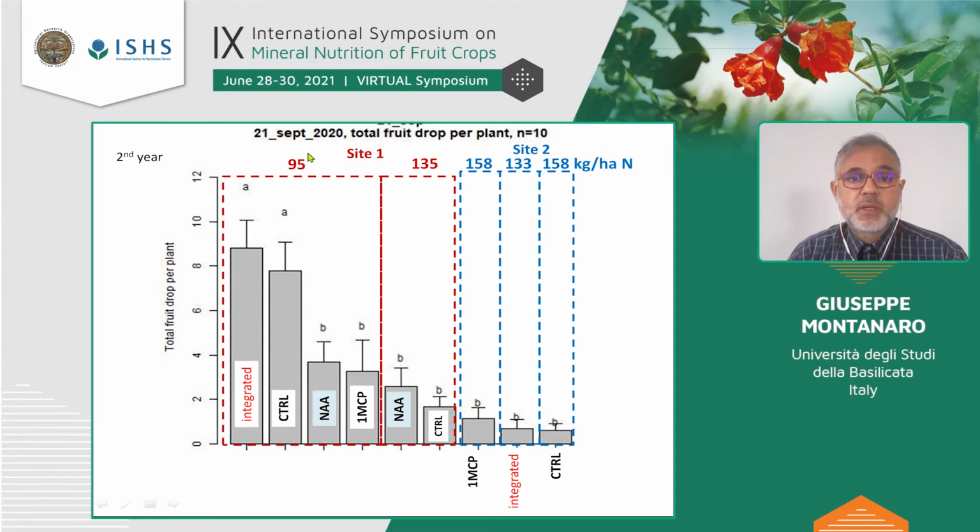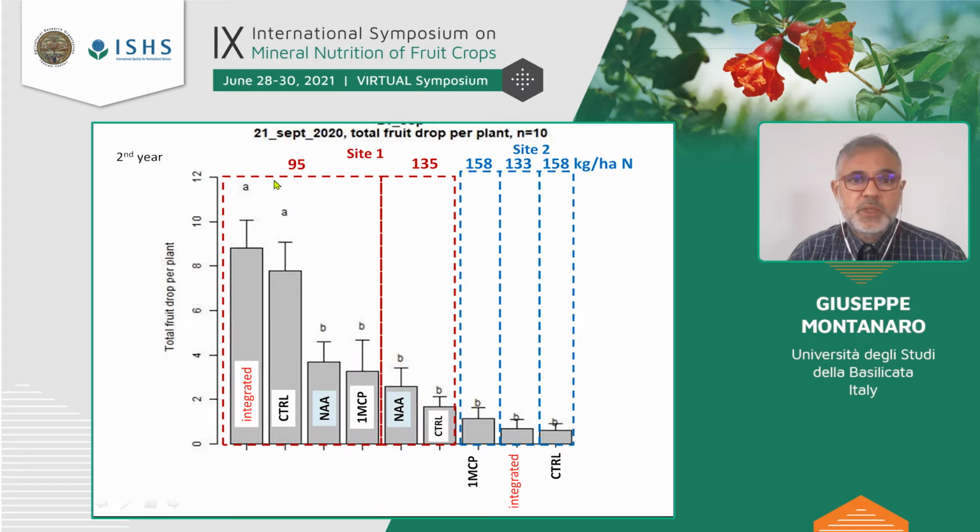And what about the nitrogen application? As you can see, moving from 95 up to about 160 kilograms of nitrogen per year, the fruit drop tends to reduce significantly.